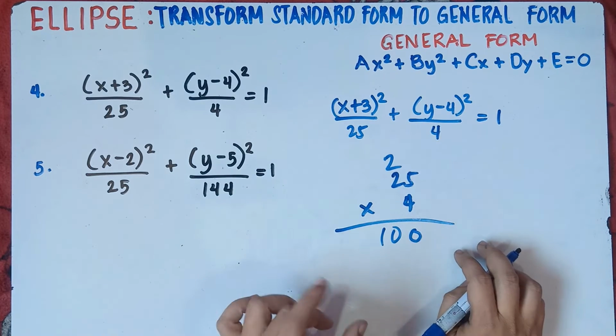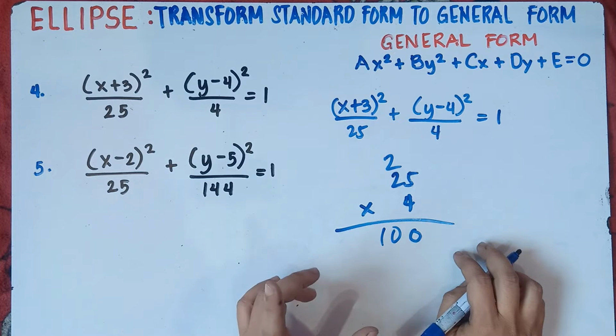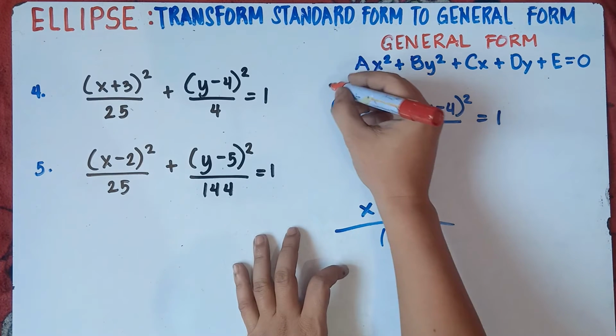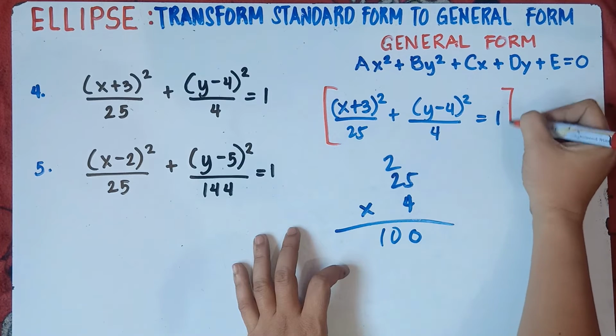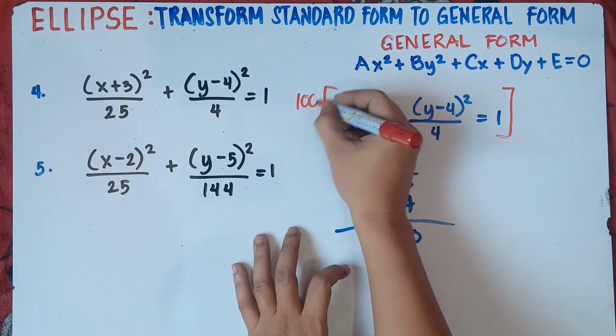The least common multiple of 25 and 4 is 100.